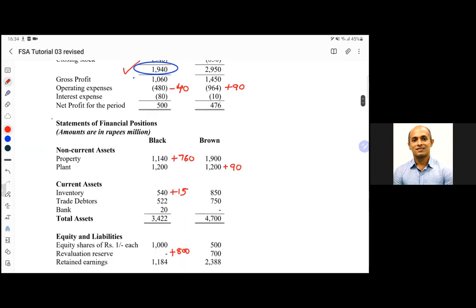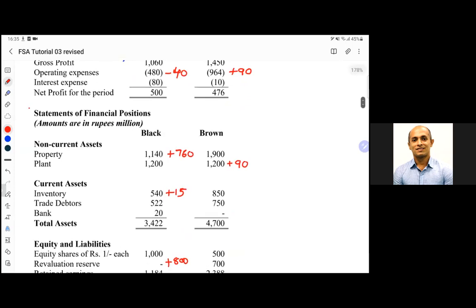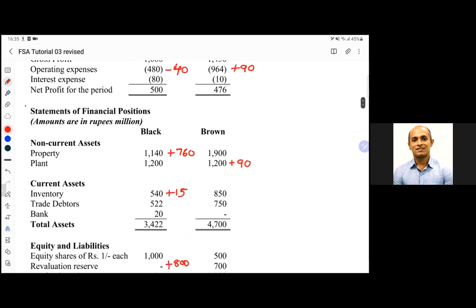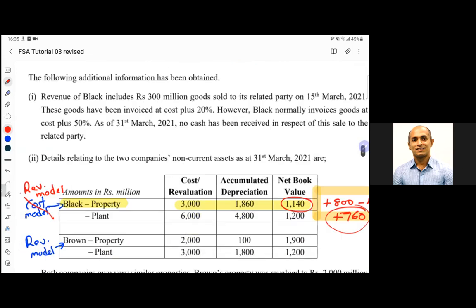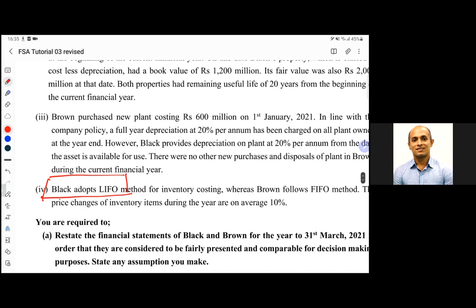So black inventory was at old price. Now we have done the price adjustment, so it's 15. Then how about brown? Brown follows the FIFO method.